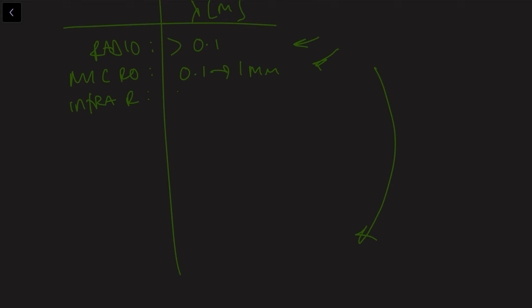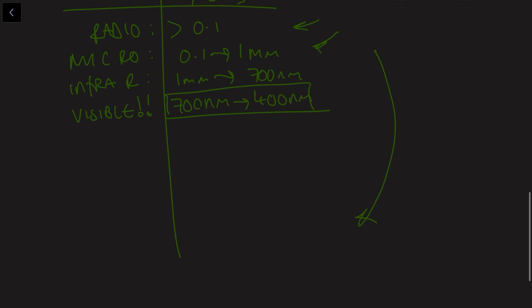So infrared is about 1 millimeter going to 700 nanometers, and then we move on to visible. Now this one is a must know. You must know this full stop, and that is 700 nanometers down to 400 nanometers. These are very important, so make sure you know that range.